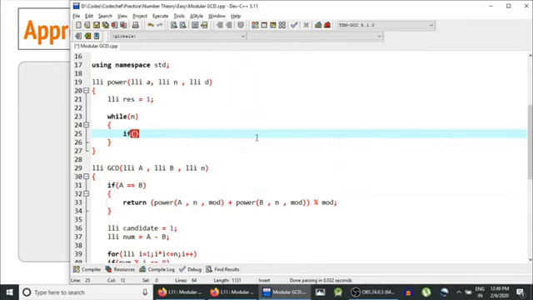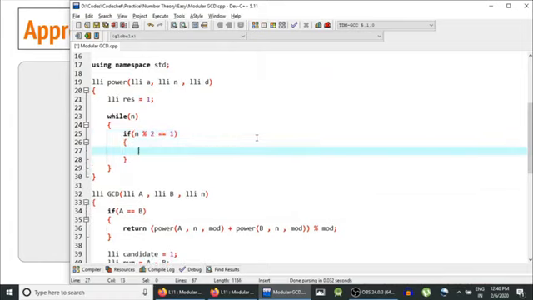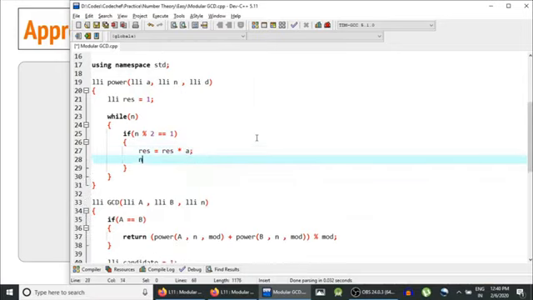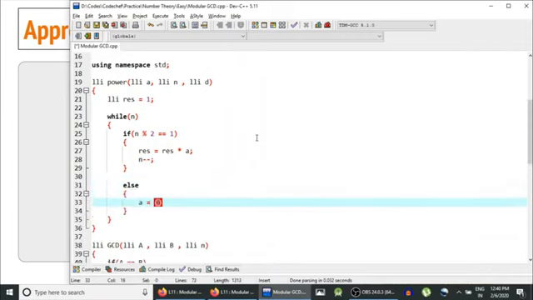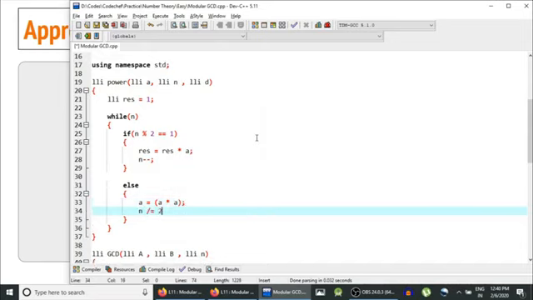Now we know what we do. If n is odd, result is equals to result into a, and then we do n minus minus, else we do a is equals to a into a, and n divide equals 2, right?